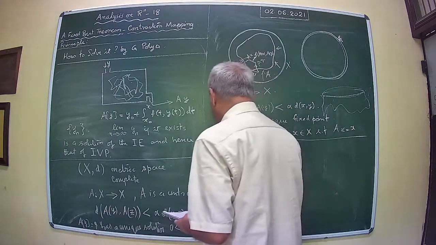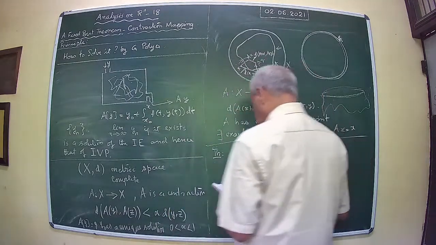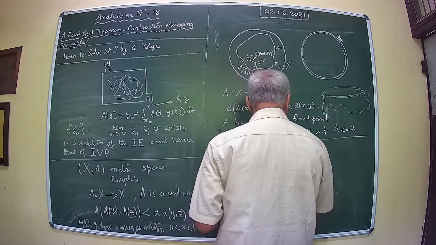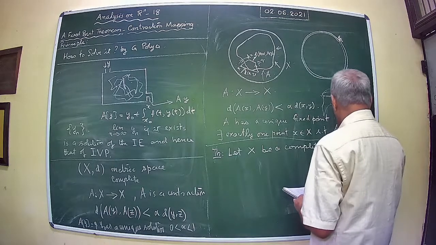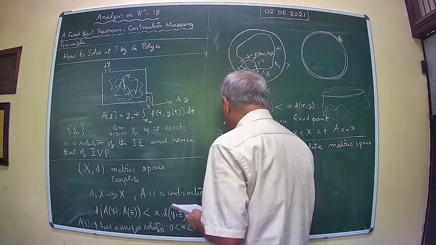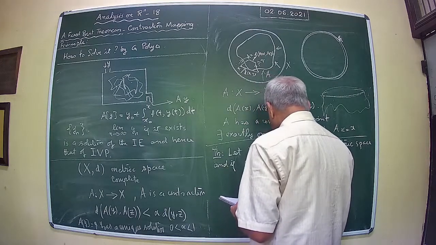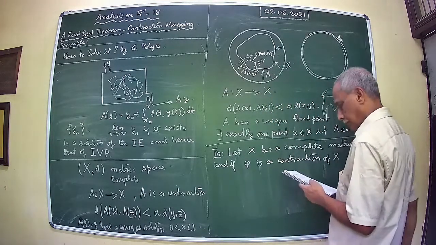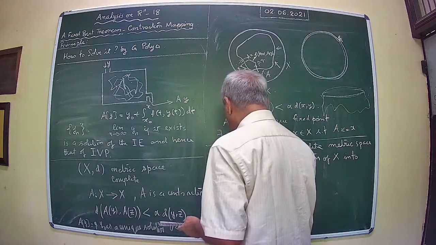So let X be a complete metric space, and if phi is a contraction of X into itself, this is the abstract version.